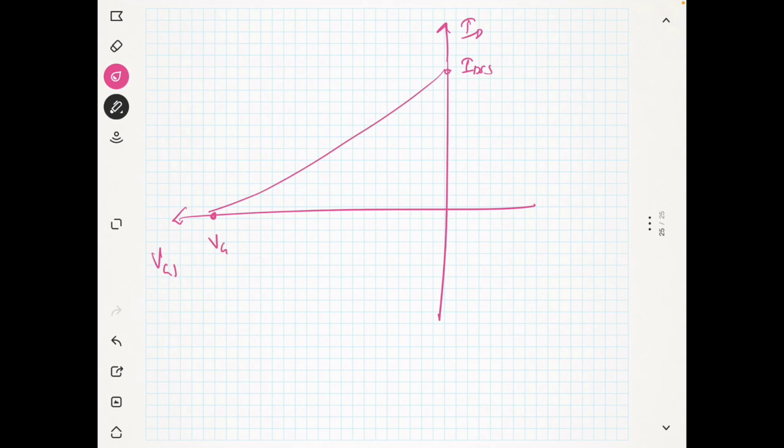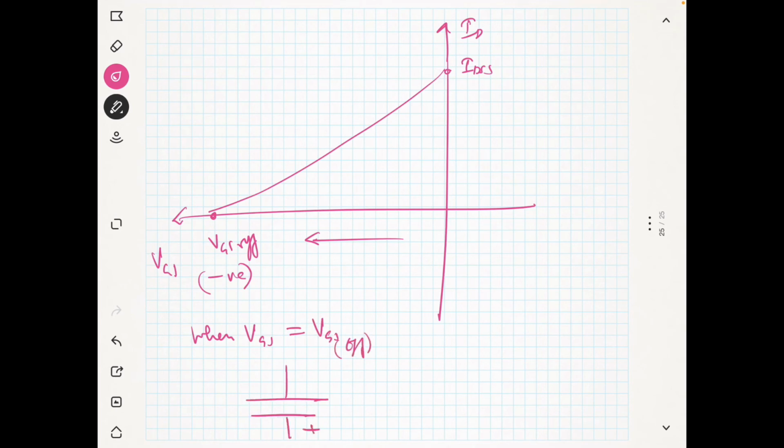When VGS is equal to VGS off, because of the charging, the capacitor has voltage plus minus like this. So this is your gate, and its VGS will be almost here.